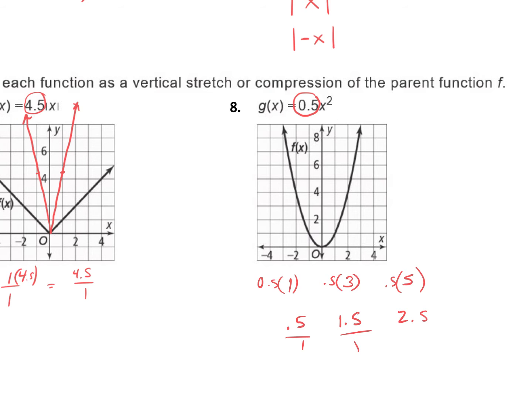So our graphing pattern is now 0.5 over 1, 1.5 over 1, 2.5 over 1. So from the origin, we would go up a half and to the right 1. Then you would go up 1.5 to the right 1, then up 2.5 to the right 1. You can see it looks like that is widening our parabola. That's what a compression will look like. Our vertex did not change, so here is our new function.